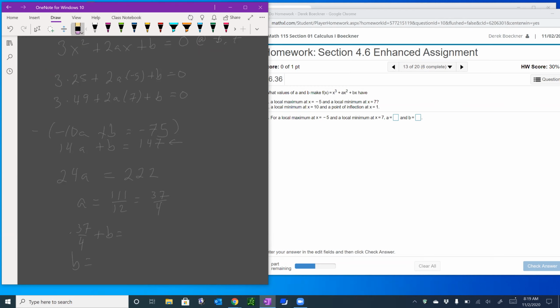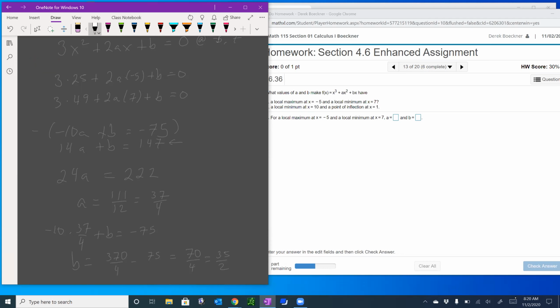So negative 10 times that plus B equals minus 75. 370 over 4 equals... 75 in fourths is 300, so that's going to be 70 over 4, or 35 over 2.